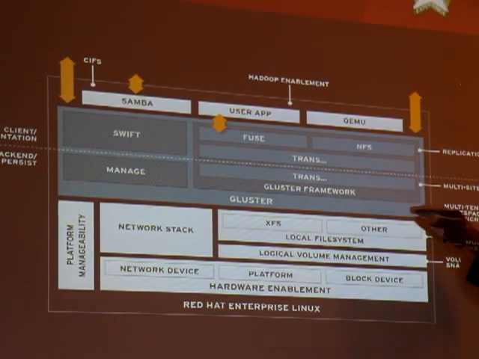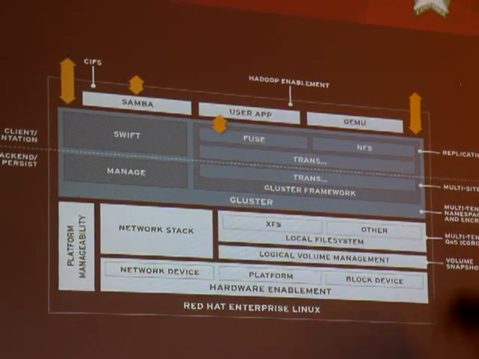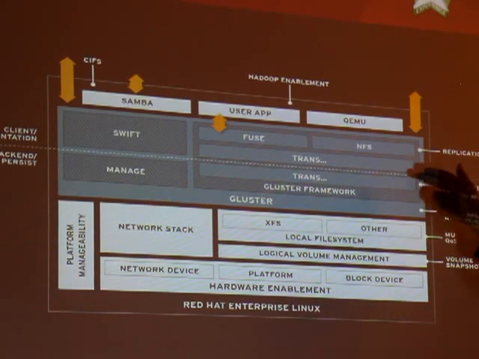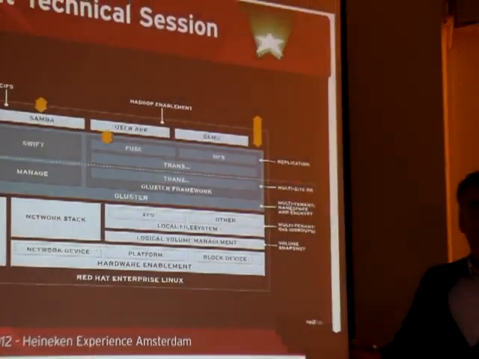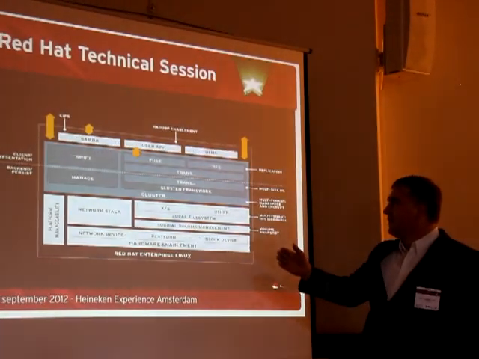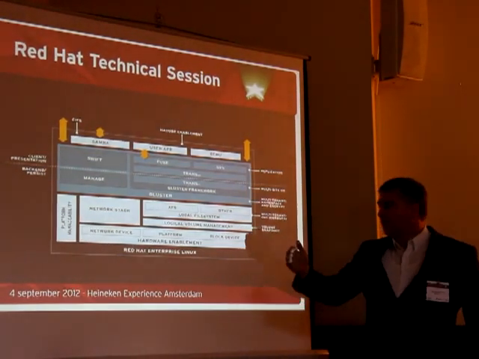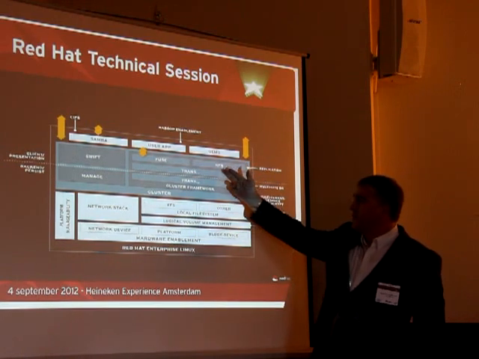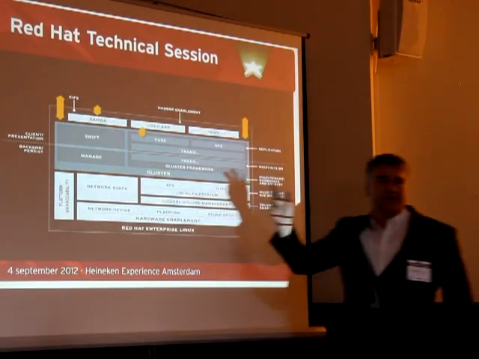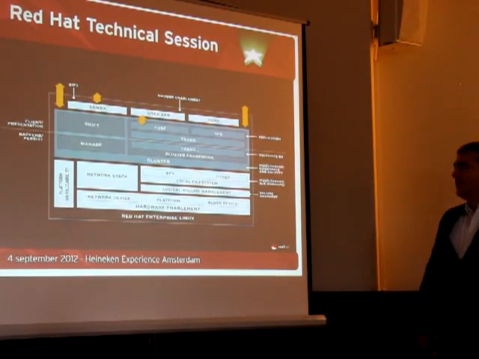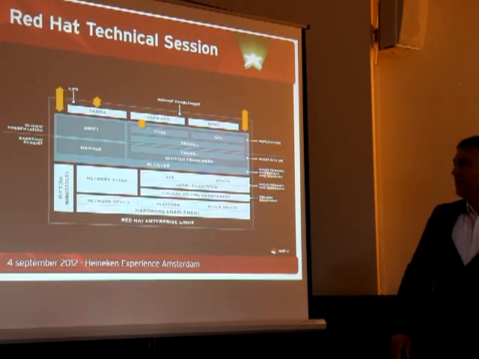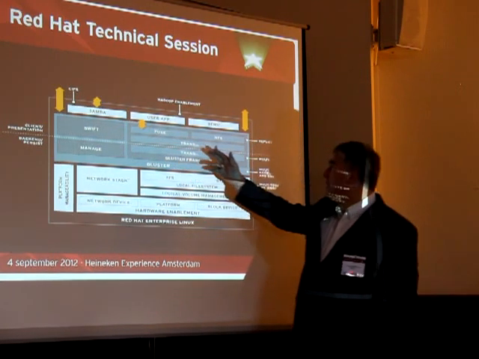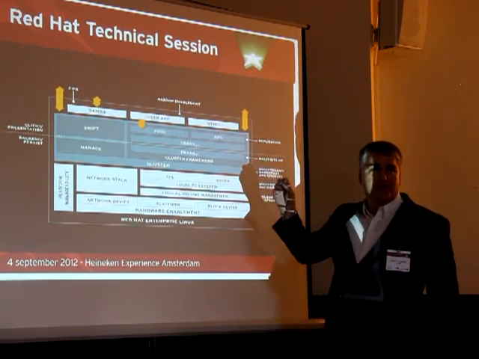On top of that, we have the Gluster layer, and on top of Gluster, we use certain translators. Like a translator is a protocol to talk to the storage. That could be NFS. Fuse is in fact the Gluster file system. It's also called Fuse. We get back to that later. And you can also access it by SIFs.